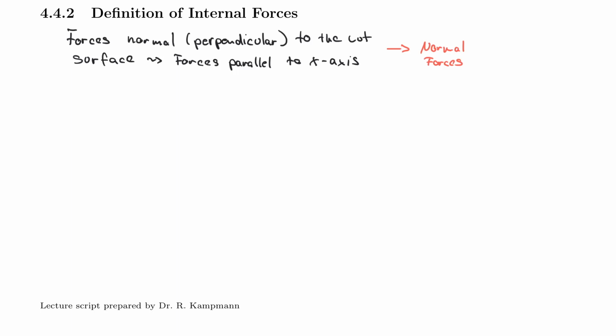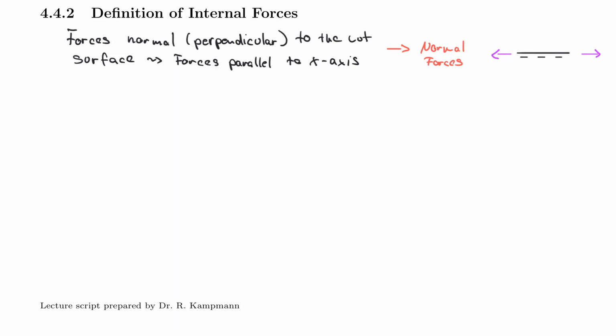But just to be sure that we understand in which direction they act, let's draw our rigid body here with those forces. And we used purple colors for those. So we actually had forces that were acting in this direction. So we call these normal forces. And those normal forces can either be in tension or in compression.